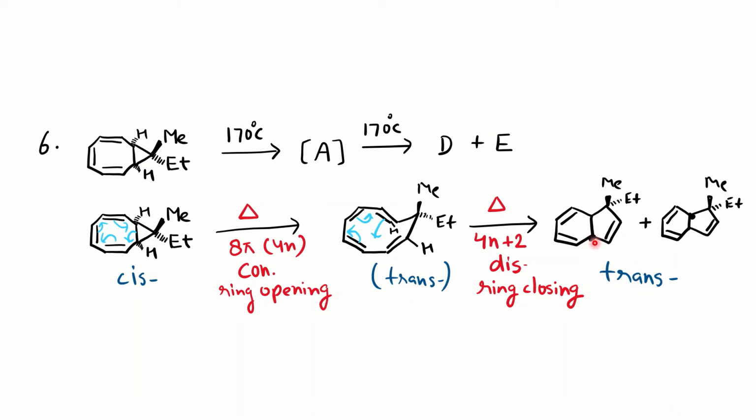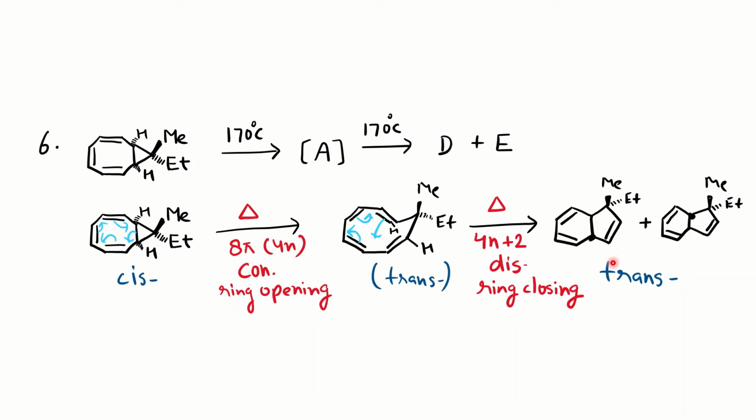You can notice the dot on one side means it is trans, the position of the two hydrogens is trans to each other, and there are two possibilities to write it, either above the plane or below the plane, so both are diastereomers of each other. And you can notice here the 6-pi system is giving you one fewer pi bond and one new sigma bond.